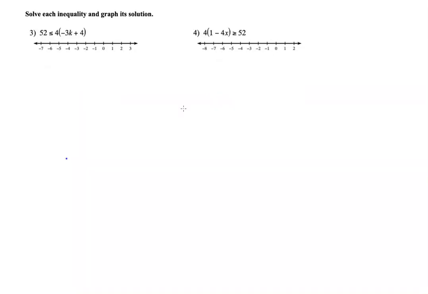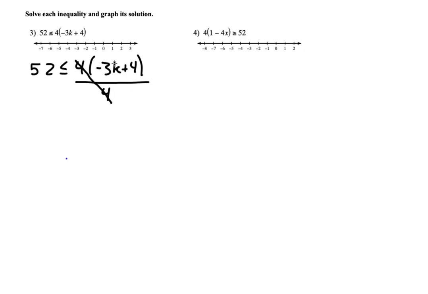On with our problems. Problem number 3 is, let me rewrite it down here. 52 is less than or equal to 4 times the quantity -3k plus 4. Alright, so the first thing I can do is if I divide this whole side by 4, then these 4's cancel. It's going to make my life a lot easier.